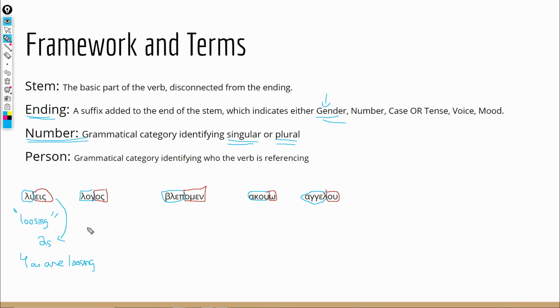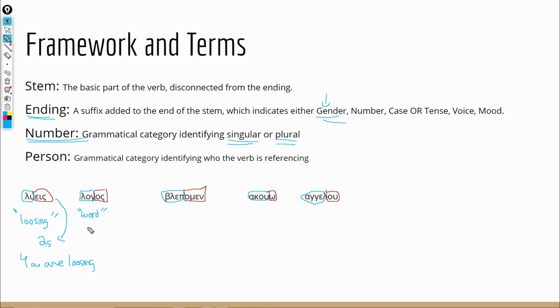Okay. So again, this second word, logos, is not a verb. But we just look at this and we say, okay, the stem means the word word. But you want to ask, is the word plural? And how is the word acting in the sentence?